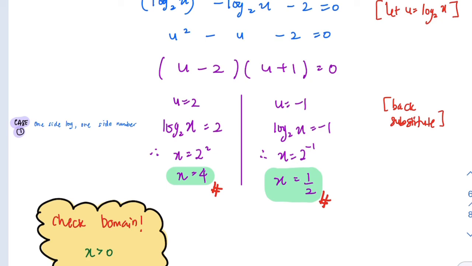Again, this is case 1, one side log, one side number. Change to exponential: x is 2 to the power of 2, which is 4. For the other, x is equal to 2 to the power of negative 1, which is 1 over 2.